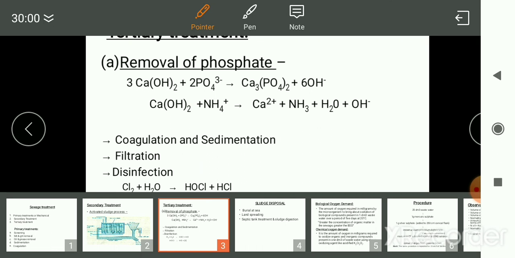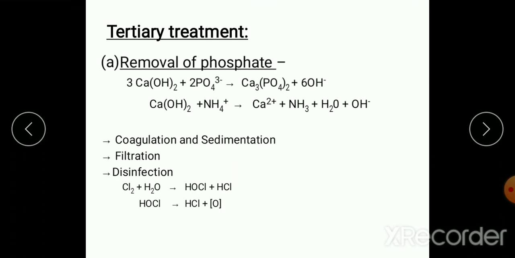This hypochlorous acid again dissociates to give HCl, hydrochloric acid, along with nascent oxygen. This atomic oxygen is called nascent oxygen. Here the hypochlorous acid and nascent oxygen are powerful germicides, which can be used to kill the germs. Okay, this is about the tertiary treatment.